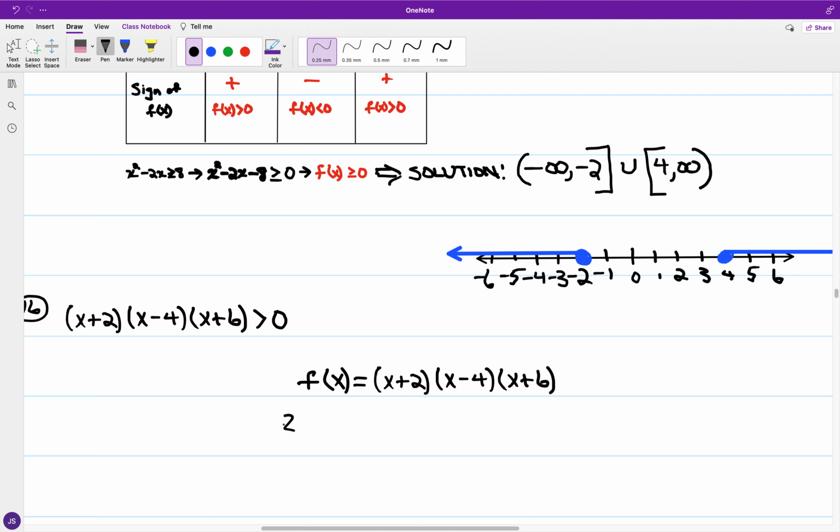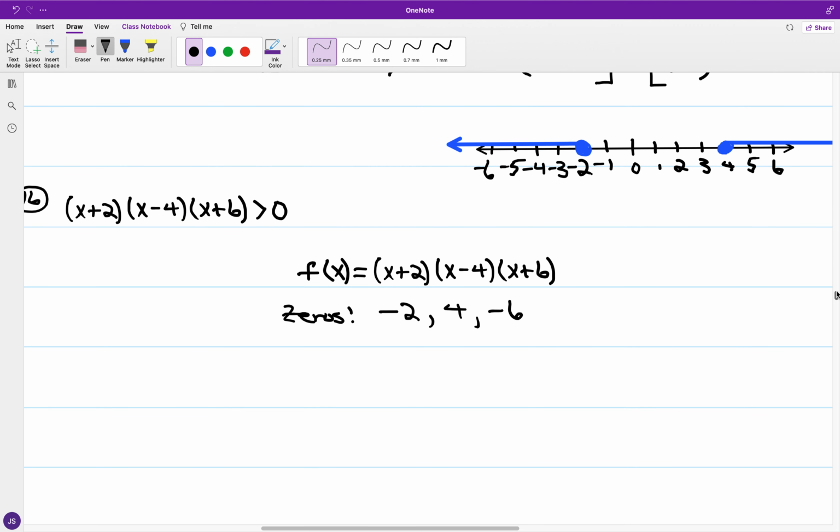Since f of x is given in factored form, the zeros will be -2, +4, and -6.